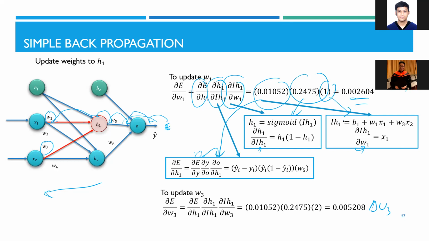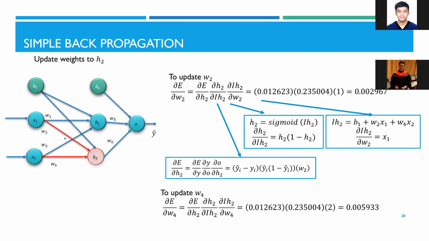Basically, the basic theory is simple, we just do derivatives step by step. But now, if we want to update W2 and W4, we have E here.